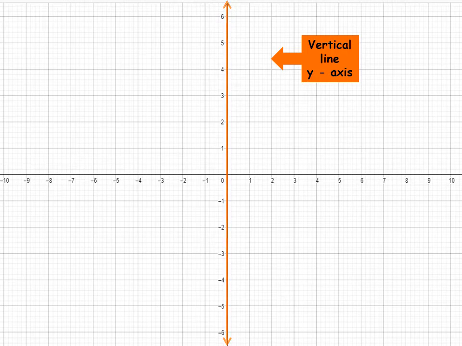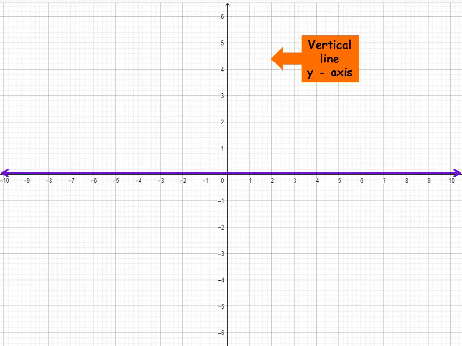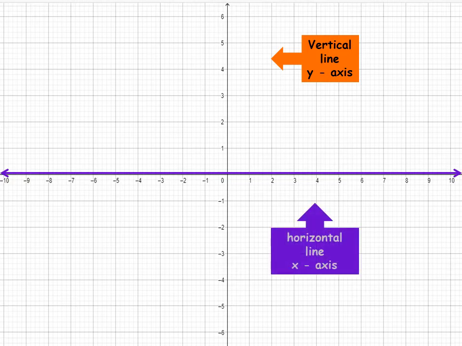Let's look at the other axis. That purple line there is what we call our x-axis. Very good. It is a horizontal line. You see how it looks like a number line, just the same, with negative and positive numbers? Awesome. So it's called our x-axis.